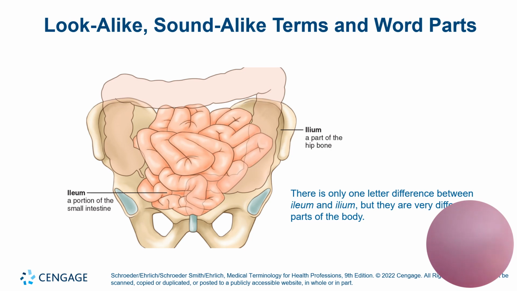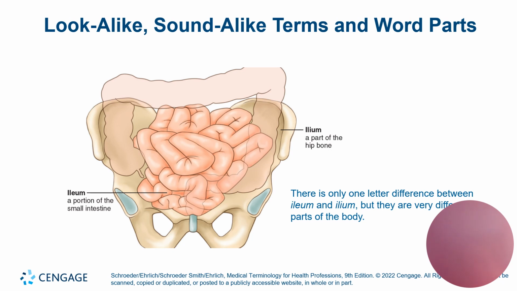When we're talking ology, that is going to be the study of that particular issue. Another one that we need to look at is palpation, which is an examination technique that we use with our hands where we're actually touching the client, and palpitation, which is the feeling of that pounding heart or racing heart.